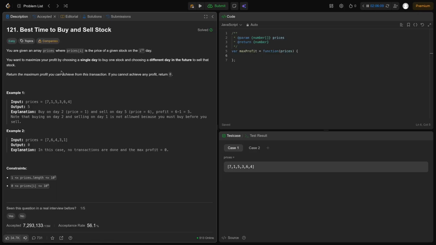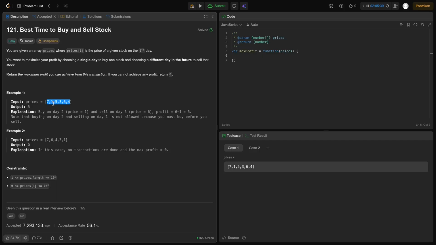One solution you will immediately think of is the brute force, which is O of n square. We can do it by just traversing with two for loops again and again on this array, comparing one number to the next and getting the maximum difference.